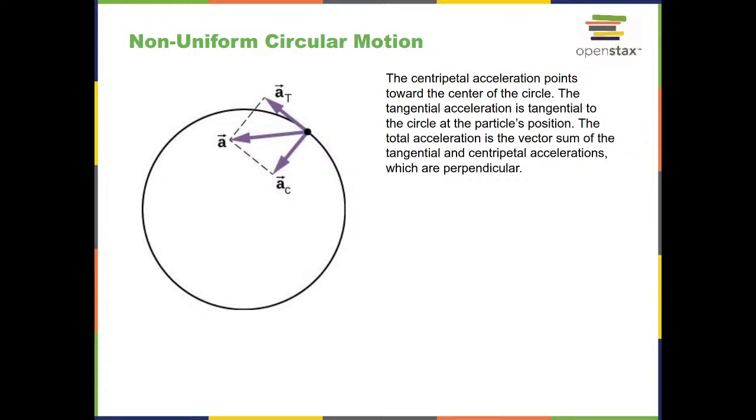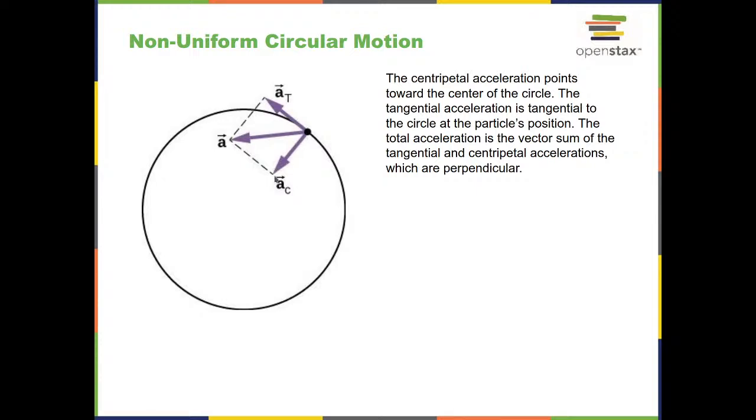So indeed, yep, the centripetal acceleration, the component that is pointing towards the center, cannot change the speed. The only thing that can change the speed of the particle is the tangential component to the acceleration. The tangential component is what changes the speed.